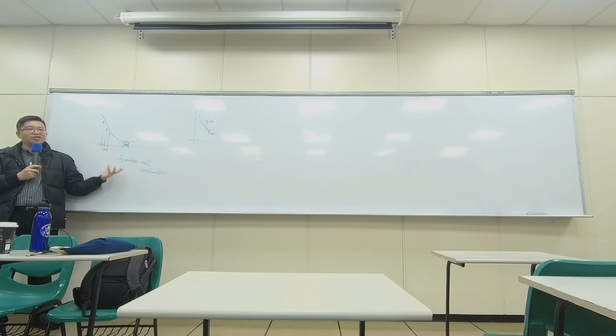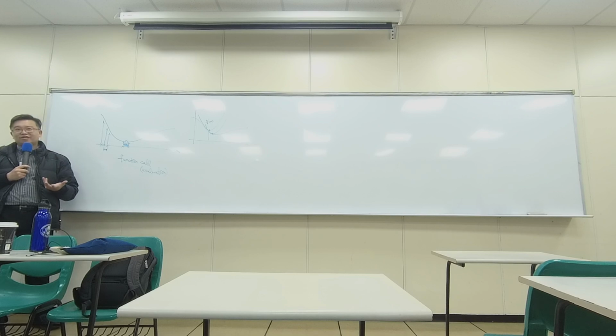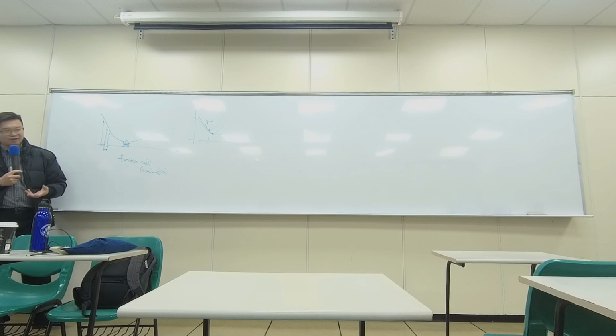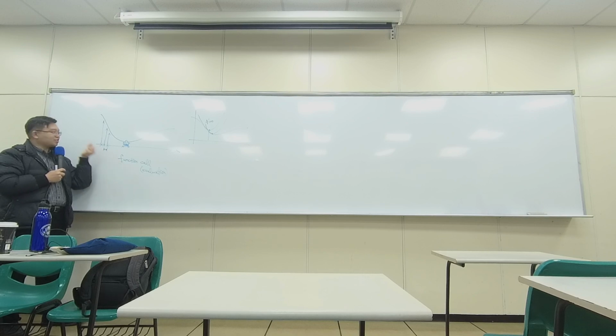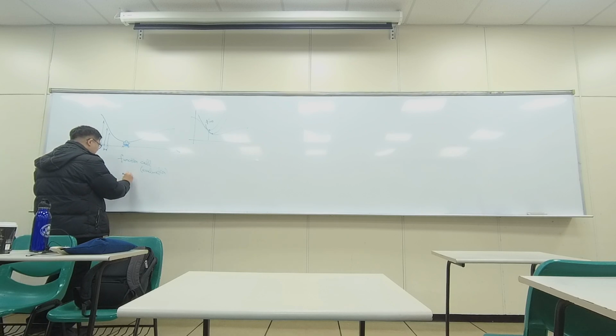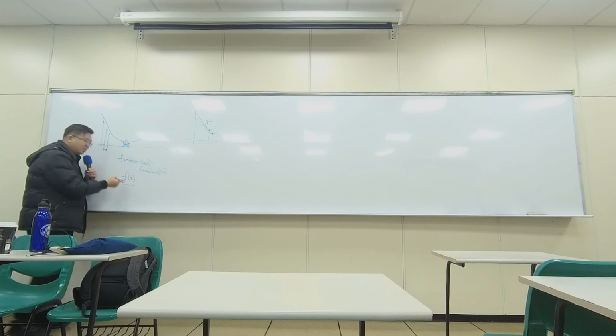Let's say you find a new method and your method requires fewer function calls, then you can say your method is more effective, more intelligent. Okay? So that's why we sometimes need to count how many times we evaluate the function. So basically, how many times this has been done.